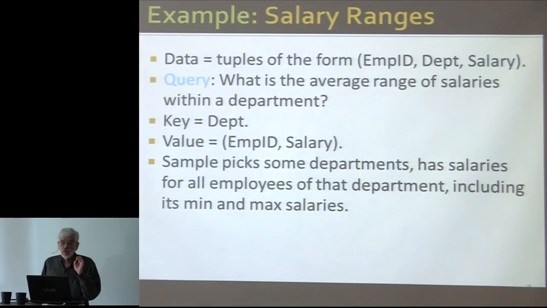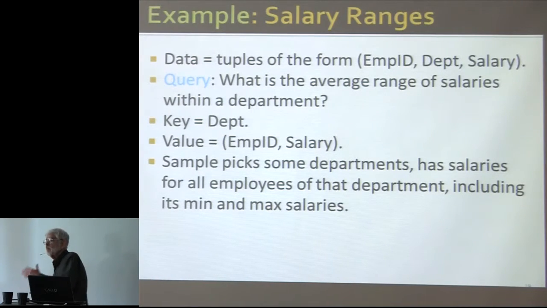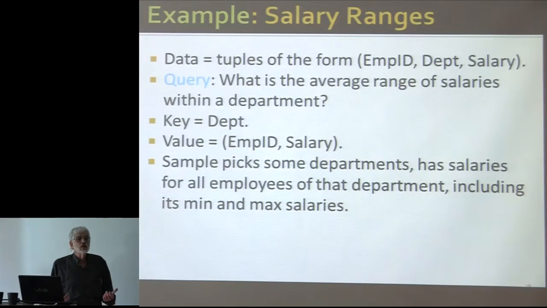See, if I pick tuples at random, then let's say for the toy department, I'd get some of the employees and not others. And so if I computed the minimum and maximum salaries, what I would get is the minimum and maximum salaries for those employees in the toy department that happen to be in the sample.